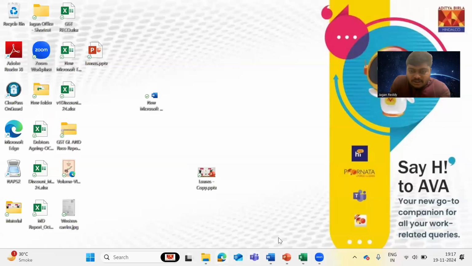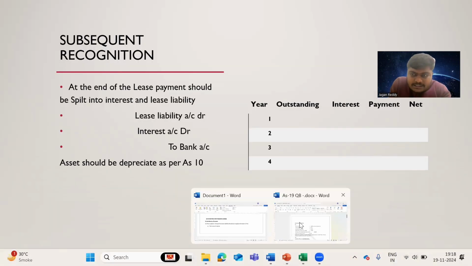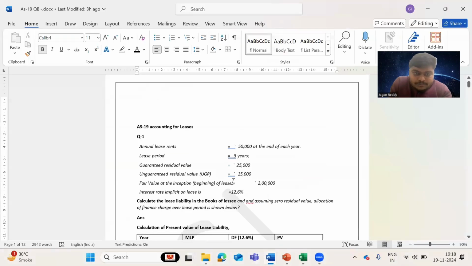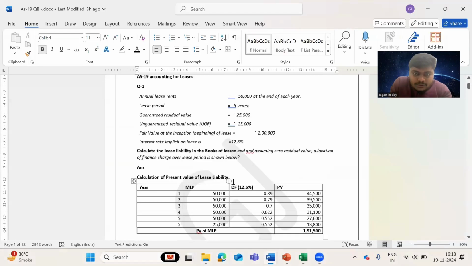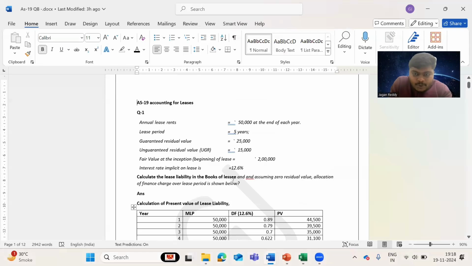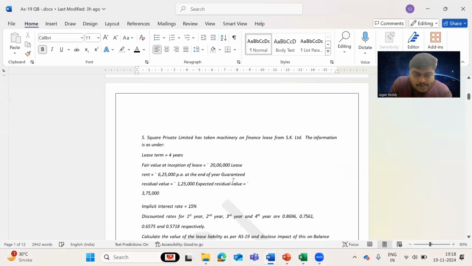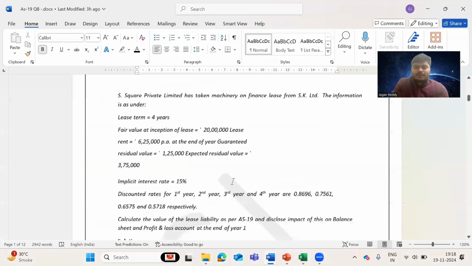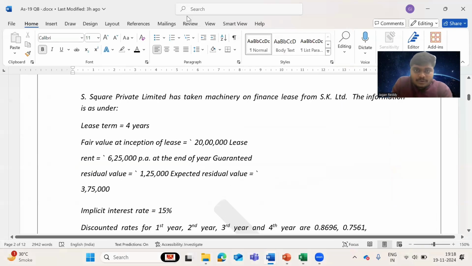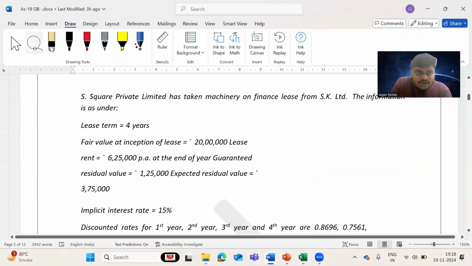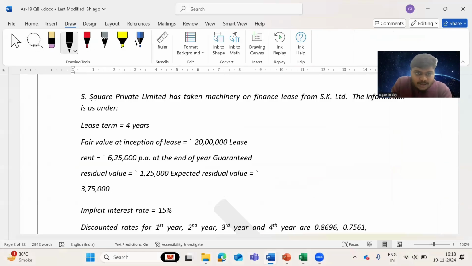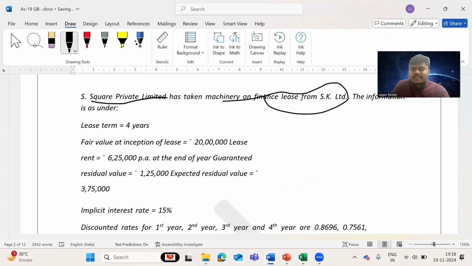I will take one question directly from your ICA. It says Square Private Limited has taken a machinery from SK Limited.